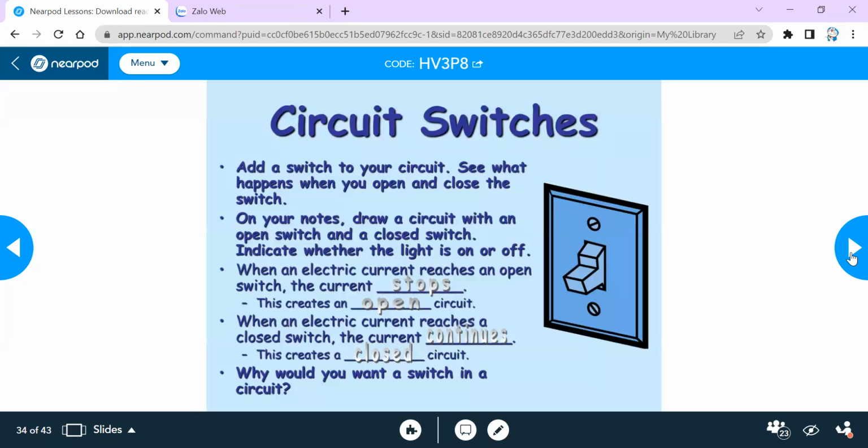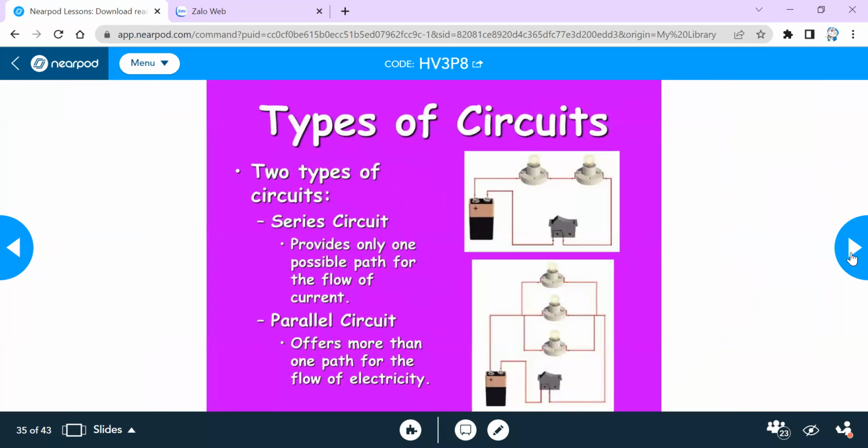When the electric current reaches a closed switch, the current continues to flow from here to here, because it's closed. Therefore, this creates a closed circuit. Next, as we discussed earlier, there are 2 types of circuit. One is a series circuit that provides one possible path for the current to flow.